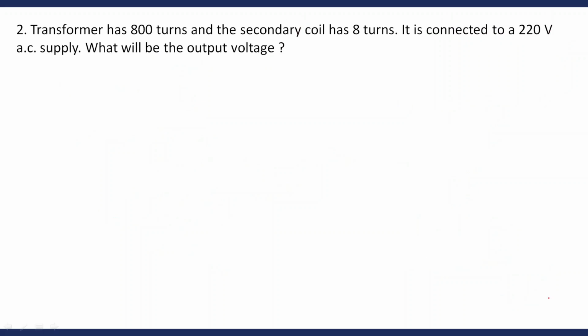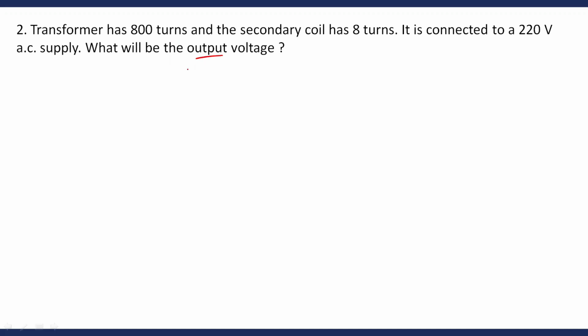The next question: a transformer has 800 turns in the primary and the secondary coil has 8 turns. It is connected to a 220 volt AC supply. What will be the output voltage? So this is a step down transformer. Let me see what is given here.